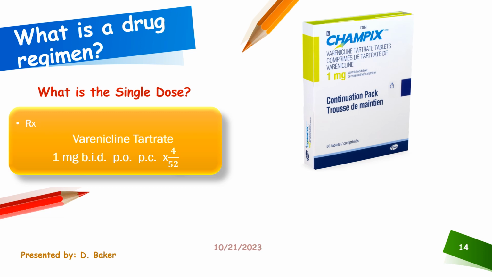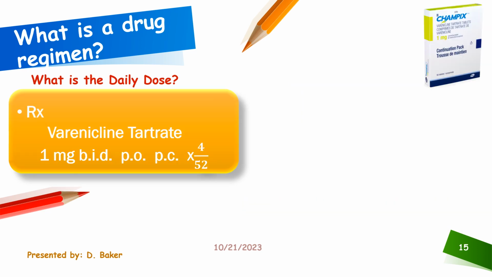For all of these questions, you can pause the recording and then come up with your answer and then compare. Again, using the same example of varenicline tartrate or Champix, what is the daily dose?